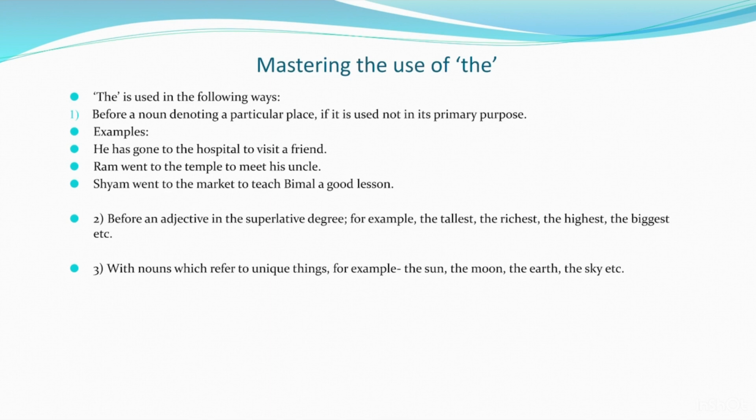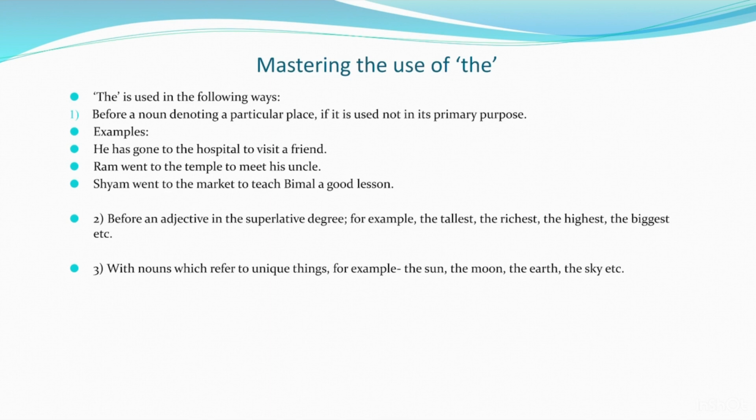So just remember this distinction. If somebody is visiting these places, schools, colleges, police station, or any other place for its primary purpose, then you don't have to use any article. But if somebody is visiting these places for some other purpose, then you have to use the article the.